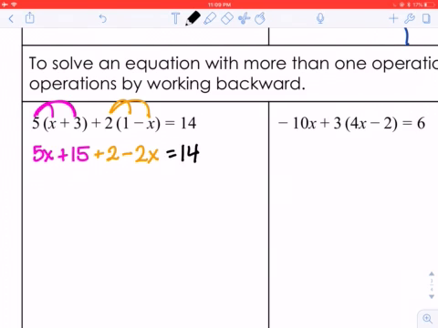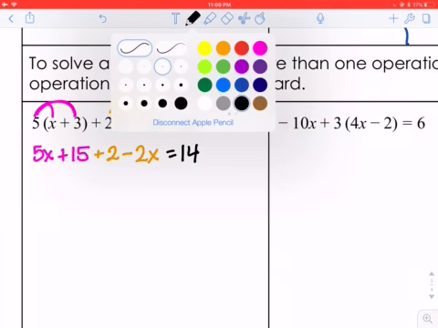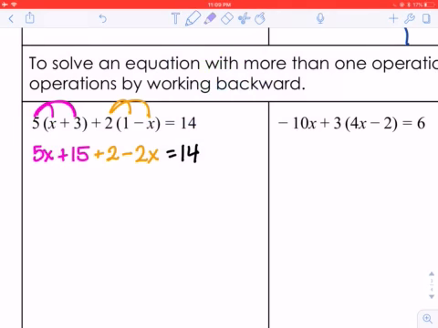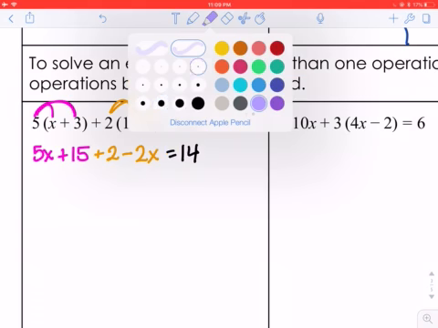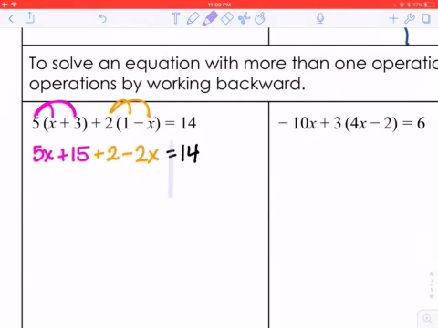Right. So remember, I want to leave x's on one side of the equal sign and numbers on the other side. Wow, sorry about that. Let's see here. So here's my equal sign here. I'm going to leave my x's on the left side, so I'm going to get rid of my numbers.